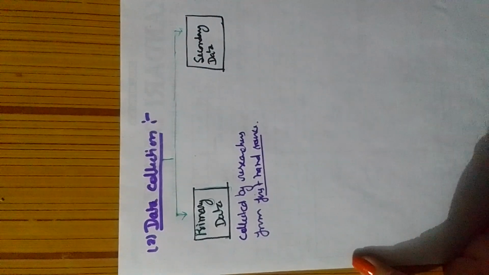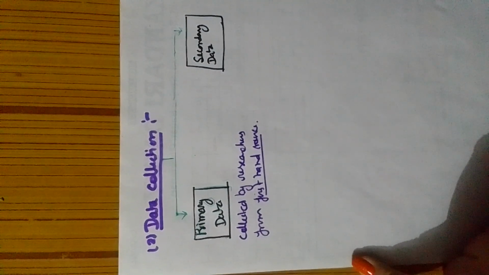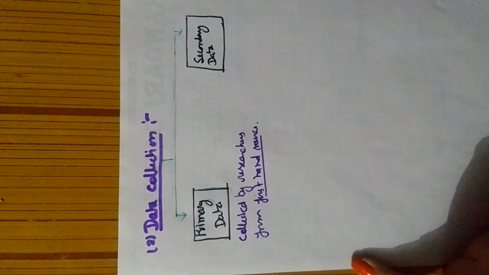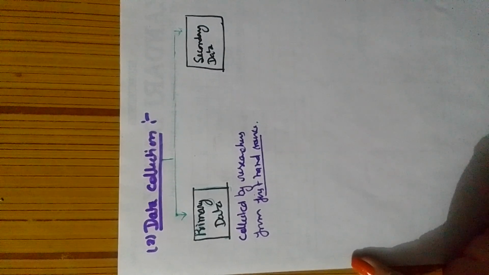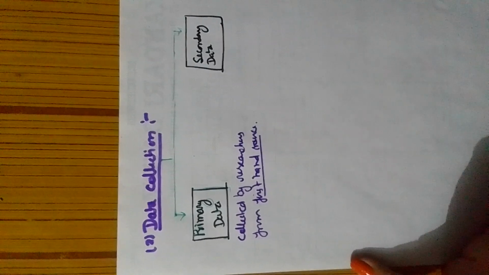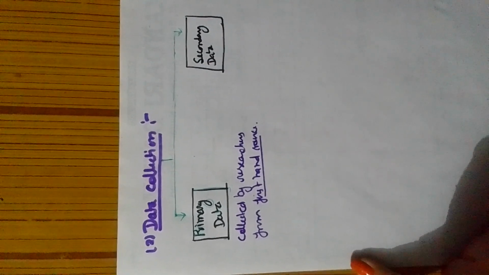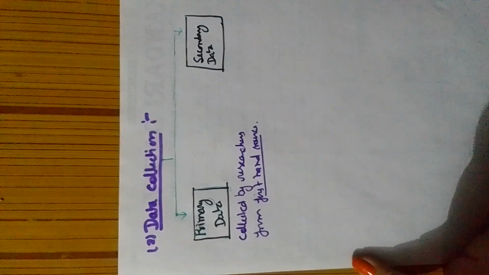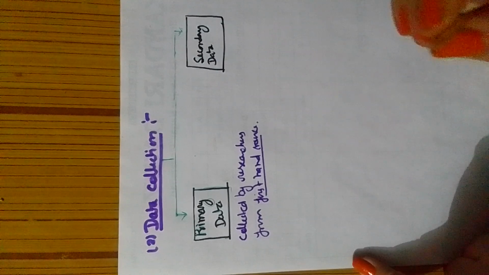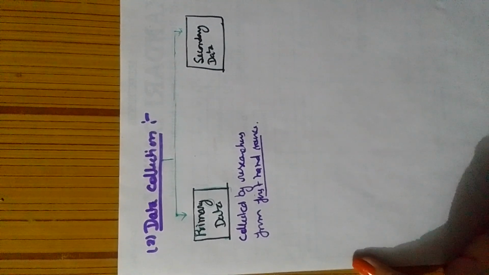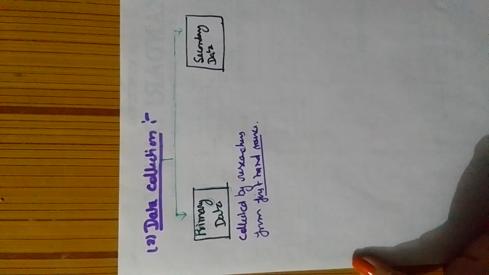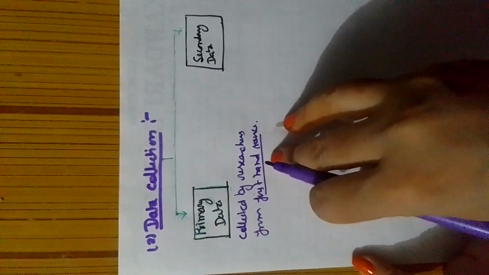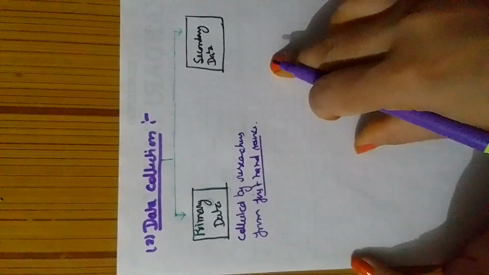Like the example of the school administrator in my last video, just check that out. If data scientists collect fresh data from their school's student registers, that would be a first hand source. This data is not available to other schools' administration. That data which is particular to that school's students only would be a first hand source.